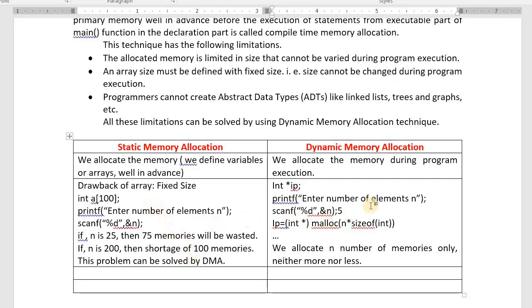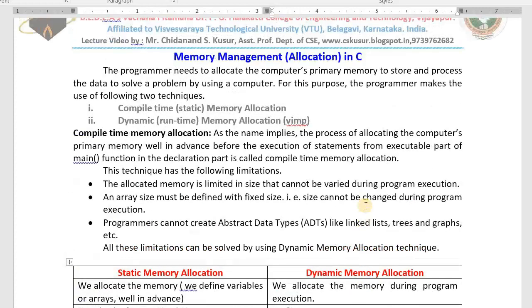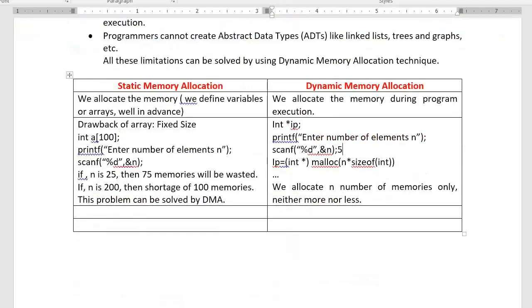That is possible by dynamic memory allocation. Now you have the answer for the question, what is DMA? DMA stands for dynamic memory allocation. It allocates the memory during program run. How many memories we want, those many memories we allocate, neither more nor less.